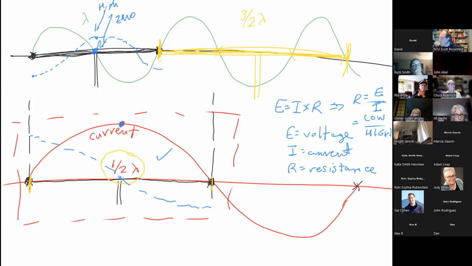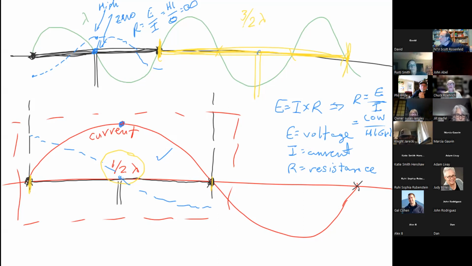Qualitatively, our resistance is equal to E divided by I, which is equal to high divided by 0. What's something divided by 0? Infinite. Well, essentially something very big, or infinity. Try pushing power into something that has infinite resistance, and what happens? It becomes very hard to do. So you can do something like this, but it becomes extremely difficult.